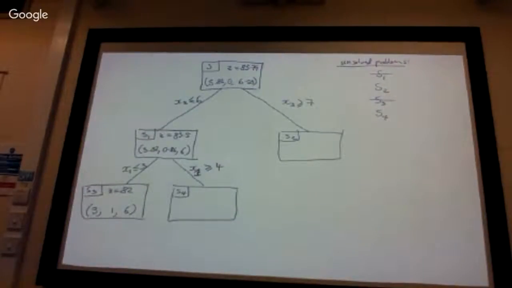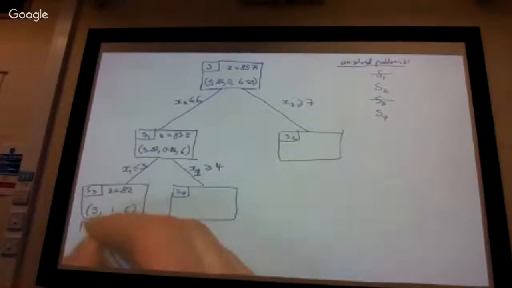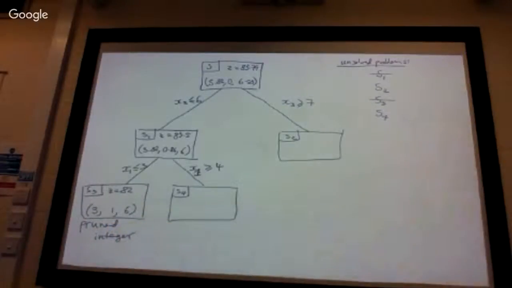Okay, that's all integer, so no more branching. Make a note. And integer. No more unsolved problems added, but we still have 2. So which one do you want now? It's S4. Okay, let's do S4. What is it? X1 is greater than or equal to 4.